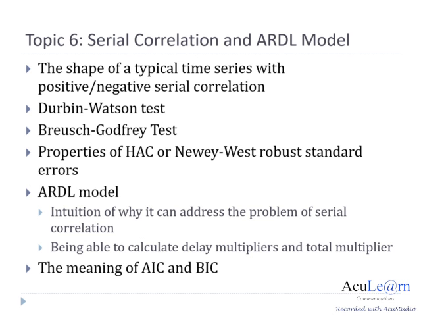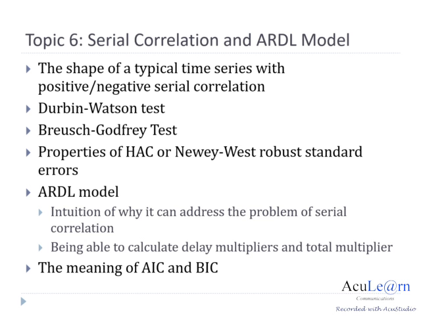Also, you need to know that when you use this kind of robust standard error, you don't really remove the problem of serial correlation; you just ask the software to report the right test statistic, given that the serial correlation is still there. So you should know this.